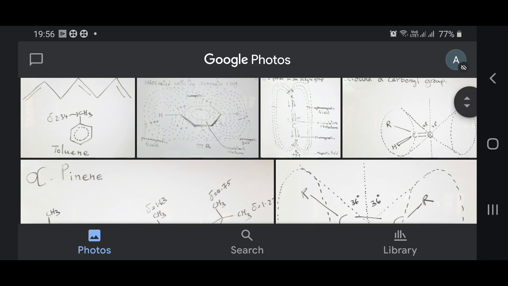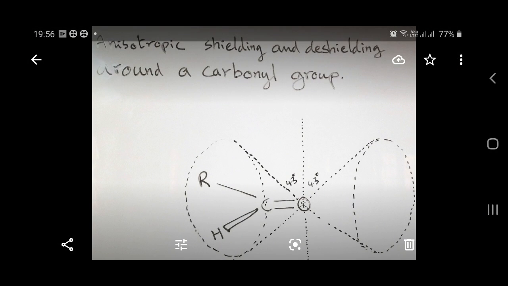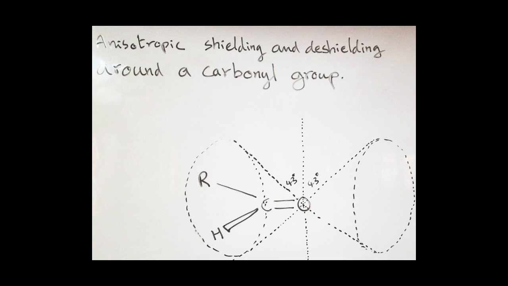In the next class we shall see the remaining part of the anisotropic effect, that is, from carbonyl compounds. With this I conclude today's lecture.